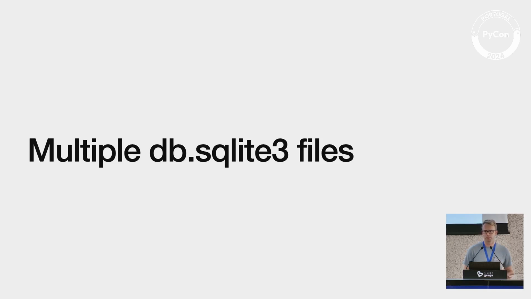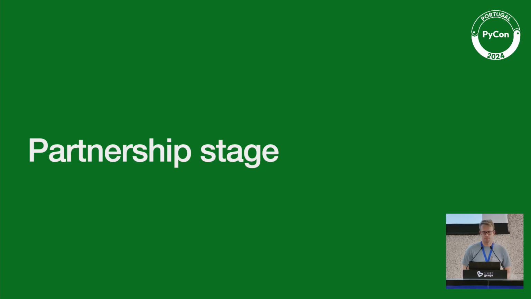It's handled for you by the database. So now that we've come through the other end of this tunnel, I feel like SQLite and I are in this partnership stage. I know what SQLite likes, I know what it dislikes, and I know how to make us both happy.